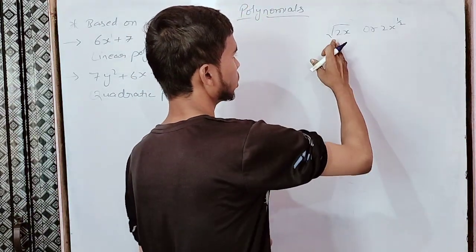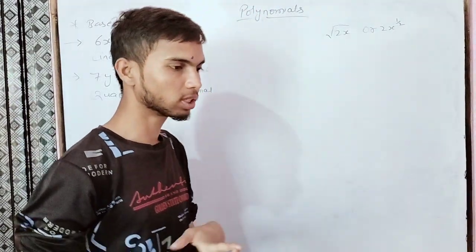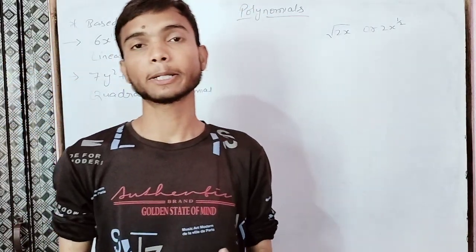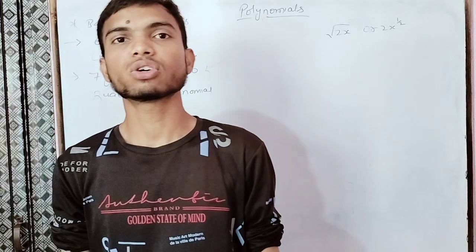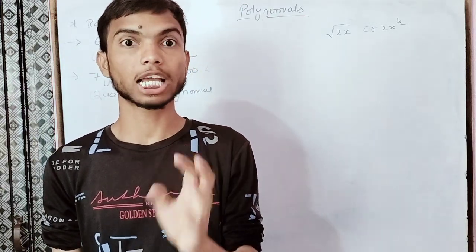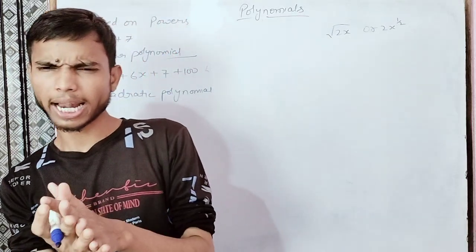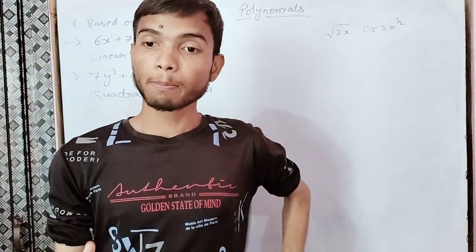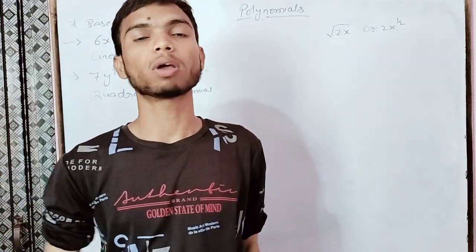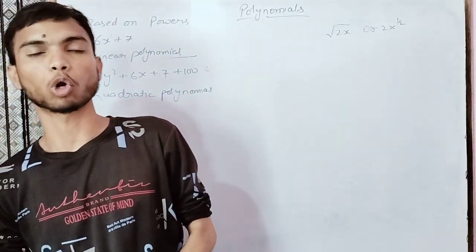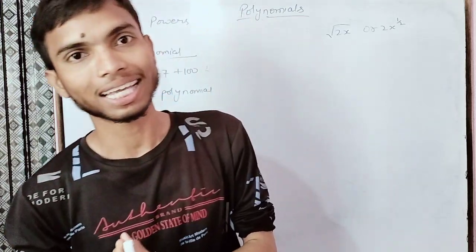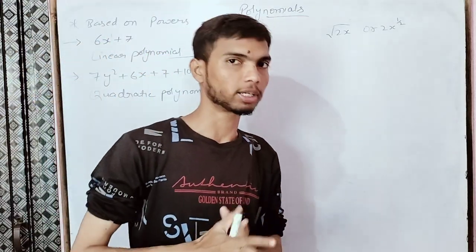So these are 3 points, and one more point you can add. If there is a term which is a rational expression, and in place of the denominator there is a variable, then that is not valid as a polynomial. So x should not be in the denominator.